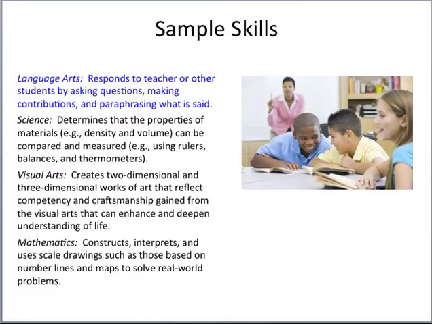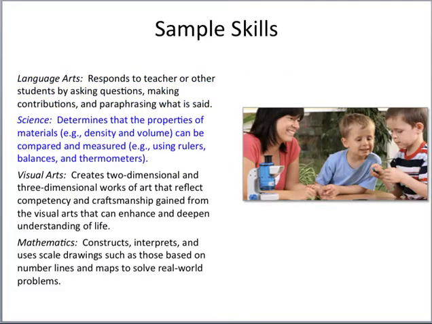So here's a sample of some of the skills that we could measure. On the left side are some core curriculum objectives. And so you can measure language arts skills, you can measure science skills effectively with project-based and problem-based learning assessments housed inside of performances.